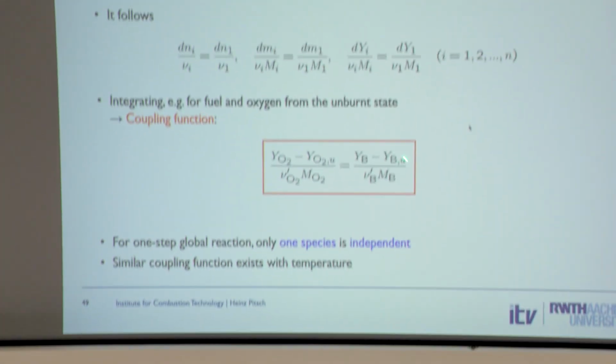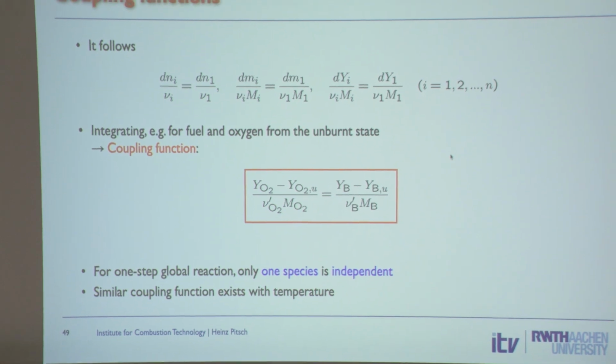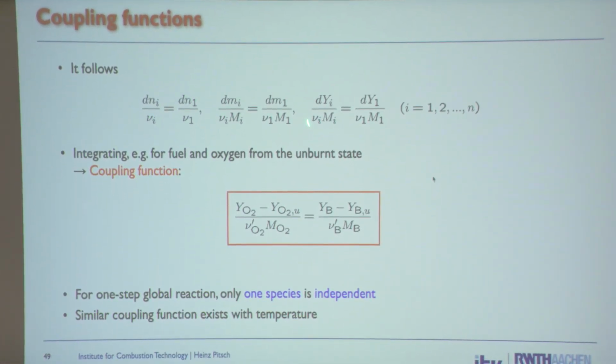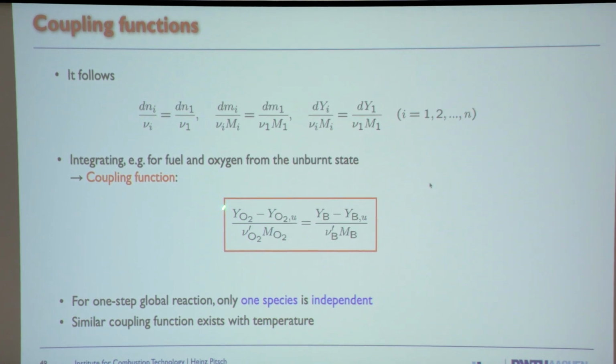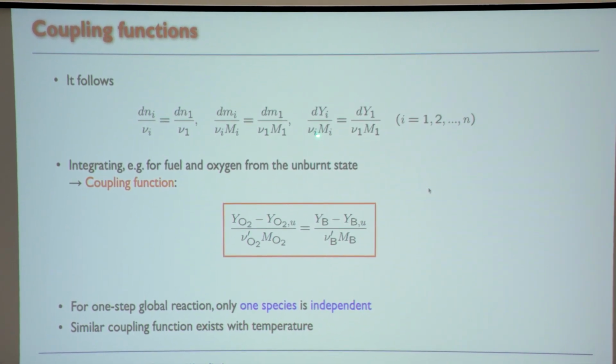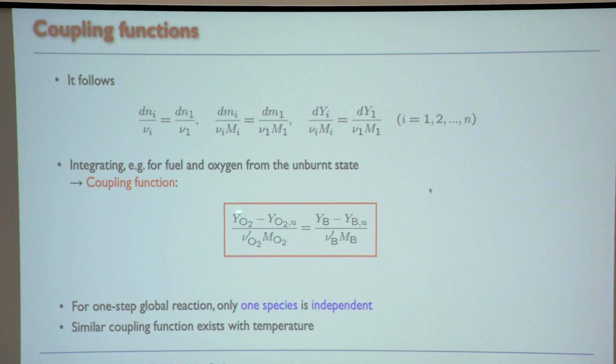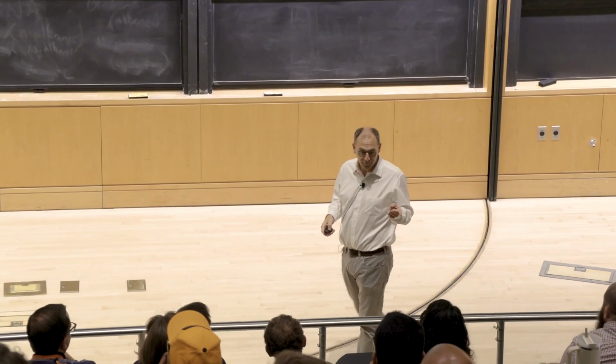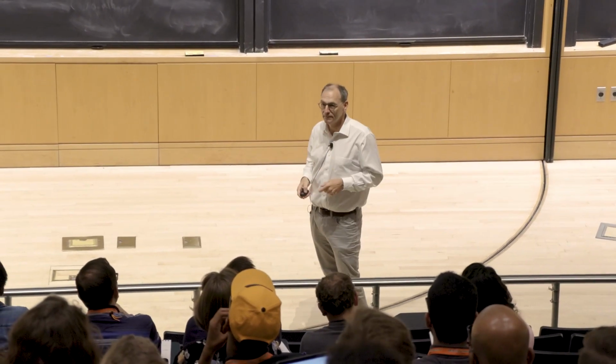Here U is unburned, and then I let it react up to a certain point and integrate it up to that point, and I get, with nu and M in the denominator, YO2 minus YO2 unburned, Y fuel minus Y fuel unburned. And by the way, sometimes for the fuel we use F, sometimes we use B.